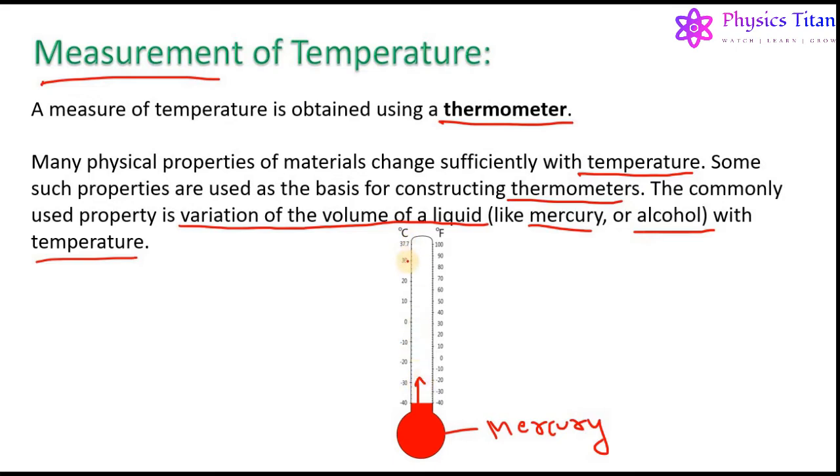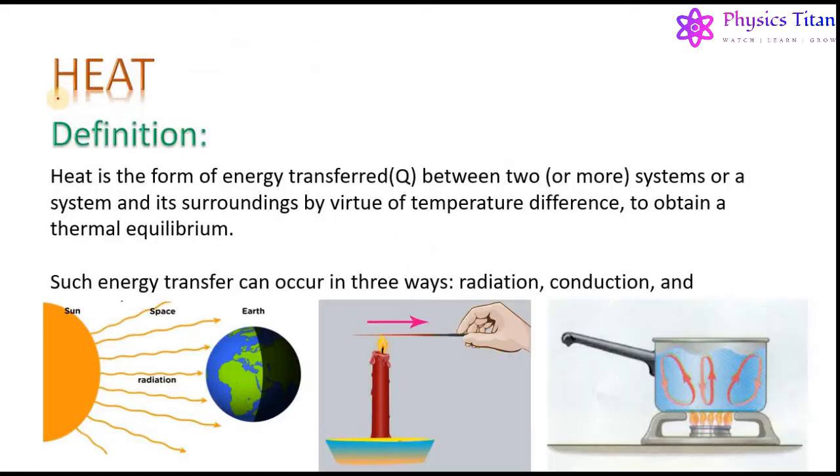Now, these scales which are printed on the tube of the thermometer are calibrated so as to give a measure of temperature according to the volume of the mercury or its height in this tube. So the variation of the volume of mercury as per the variation in temperature is the basic principle behind the working of a thermometer.